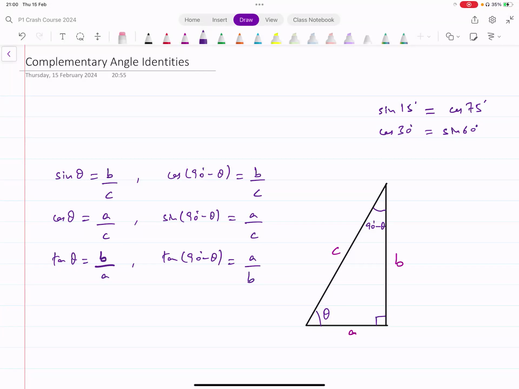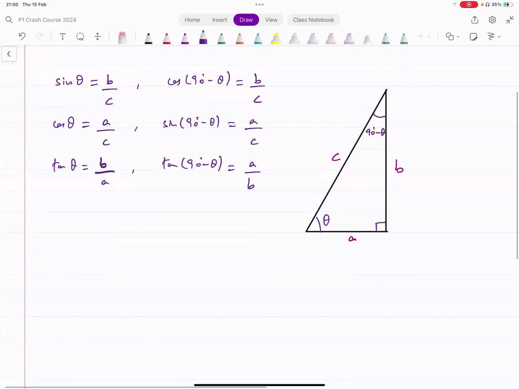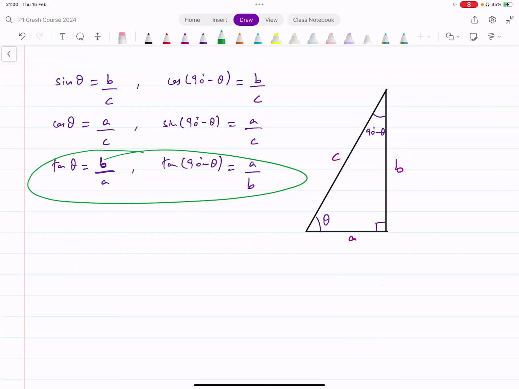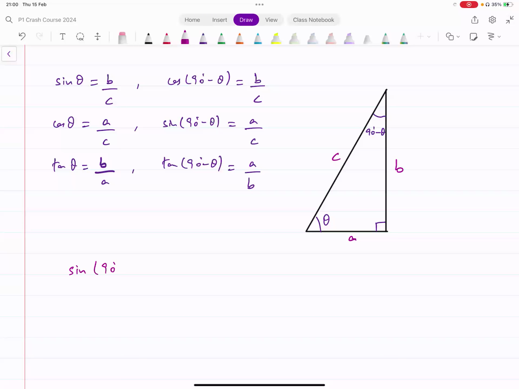Now, can you see the relationship between all of these? These two values are the same. These two values are also the same. And what about these two? They are reciprocals of each other. All right. From this, we get three identities. Sine of 90 degrees minus theta is equal to cos theta.